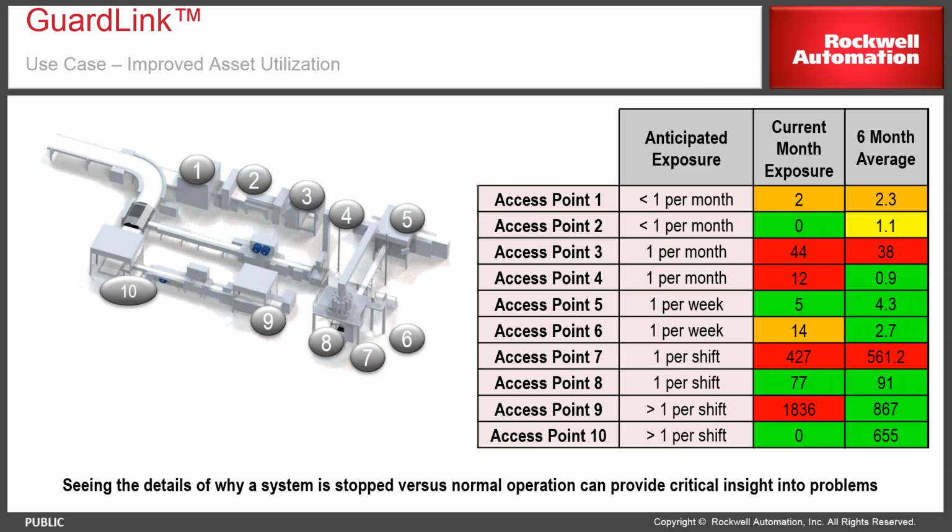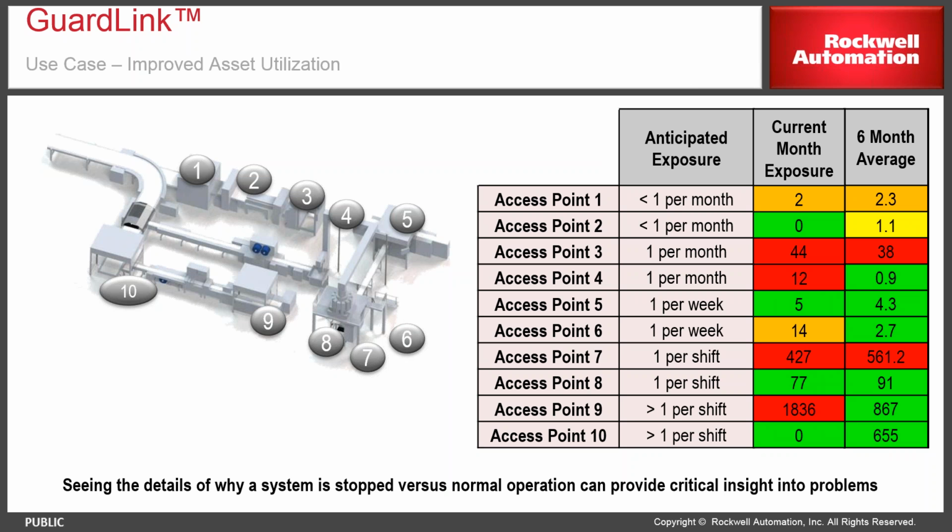So now let's look at this scenario where you have a number of door interlocking devices and e-stops in a particular assembly line. So the safety devices are identified by numbers like 1, 2, 3, 4 up to 10. Now, through this premier integration, I'll just explain to you how you can achieve more productivity out of this machine. So as you have seen here, for each access point, through the risk assessments that we do in the beginning, we are anticipating some exposures per month.